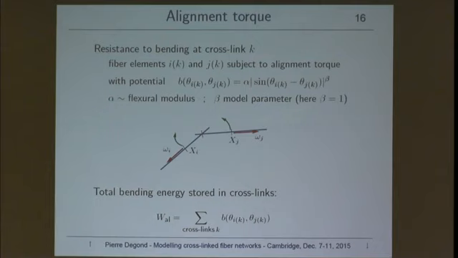In principle I could take any power beta, but I would get more complexity in the course of the analysis. The coefficient alpha in front of this expression is kind of a flexural modulus, a resistance to bending. So the greater the alpha, the more difficult it will be to bend the two fibers. And again, the total bending energy will be the sum of these elementary bending energies over the crosslinks. So that's the bending energy.